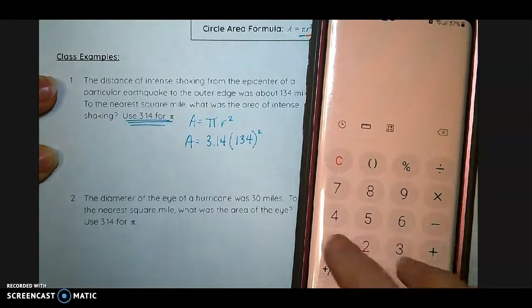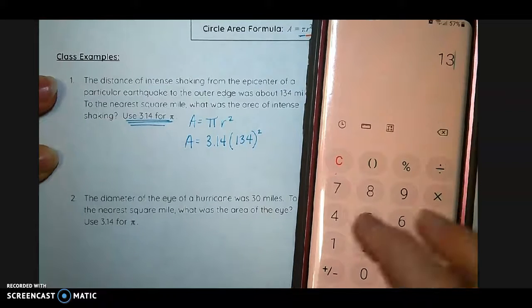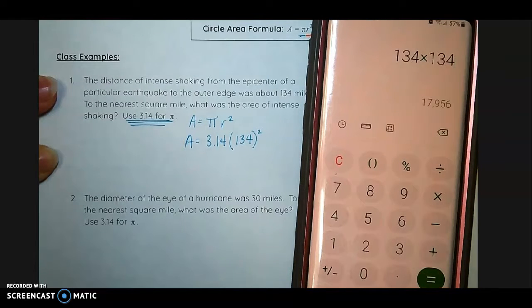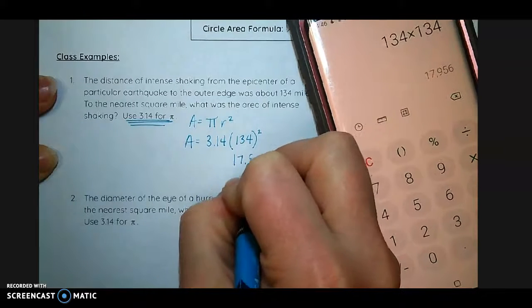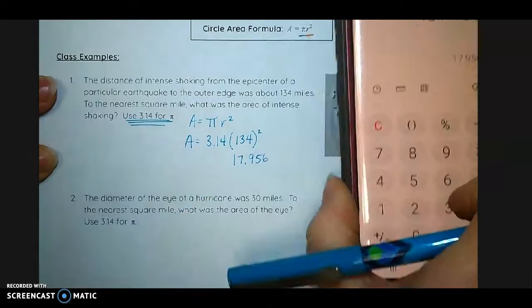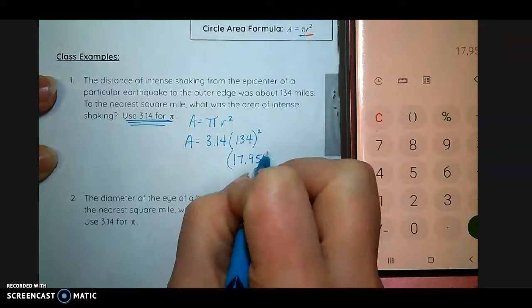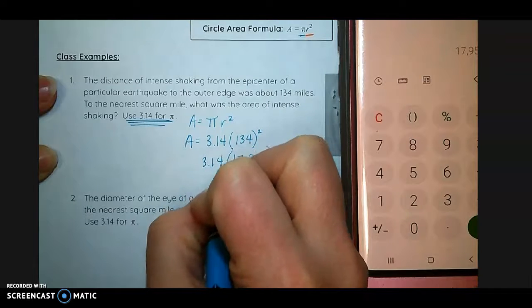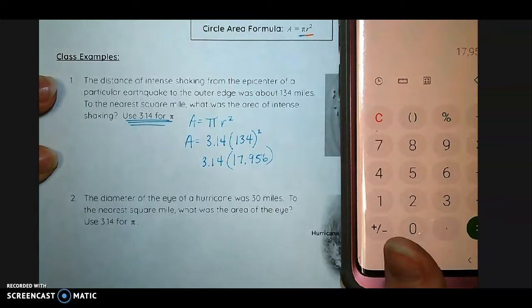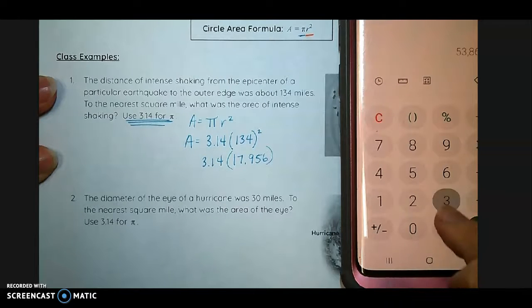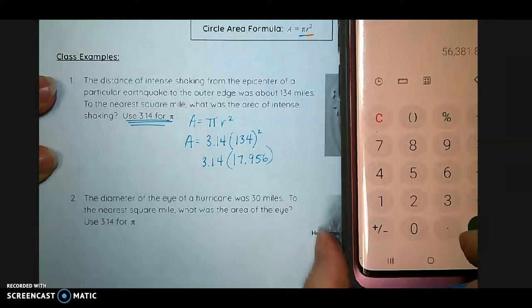Grab my handy calculator here. And I'm squaring 134, and I get 17,956. And also, 134 miles is close to the distance from Cincinnati to Columbus, so that would be how far away the intense earthquake would have been felt.